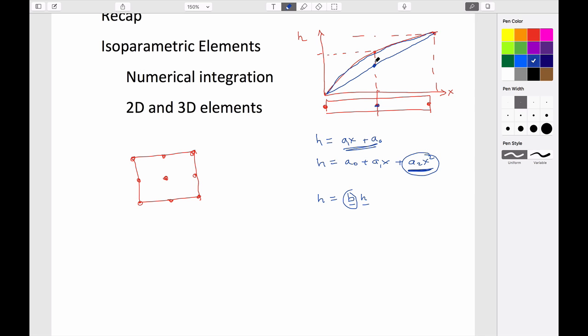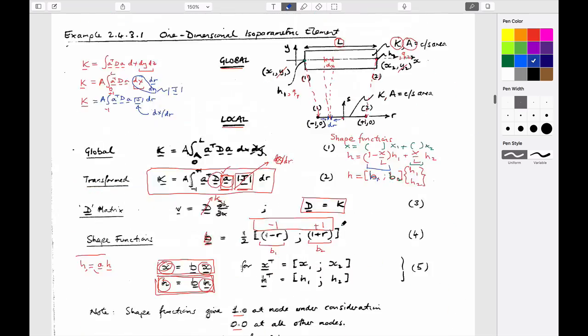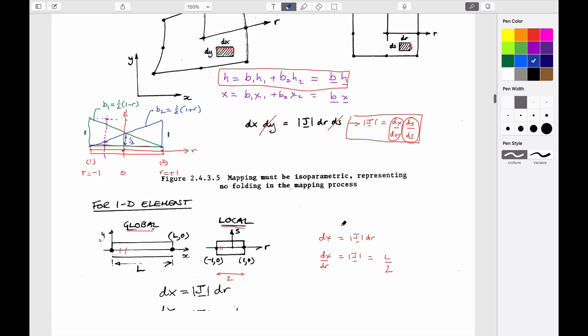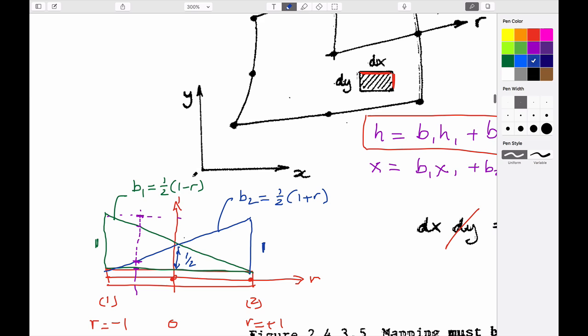And it turns out that the recipe, if you like, for developing these shape functions, as we'll see next time, is only that it has to satisfy the same requirement we talked about before. We said it in passing, but the requirement was that the shape functions have to equal 1 at the point where we apply them, and 0 at every other node. And if we do that, we satisfy the conditions for the system.